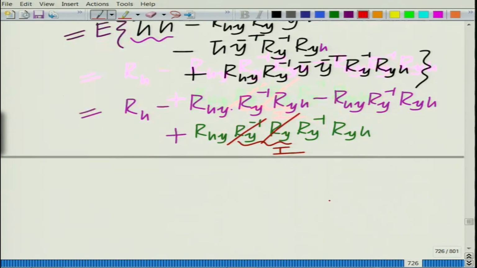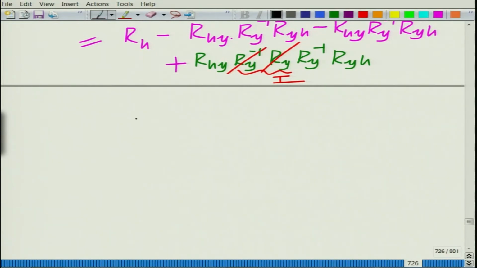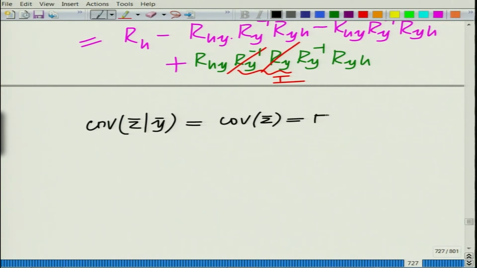So, this becomes identity, and therefore, you are left with the result that the covariance matrix of z bar given y bar equals the covariance of z bar, which, since this z bar is zero mean, is the expected value of z bar z bar transpose.